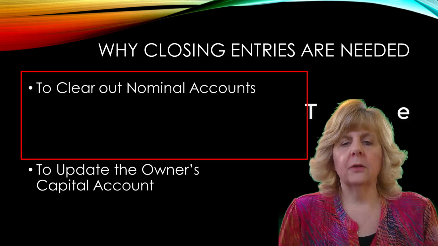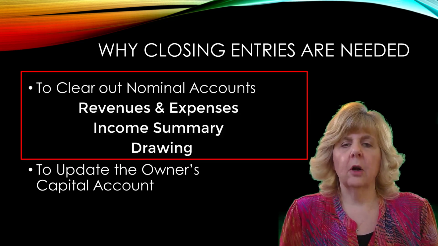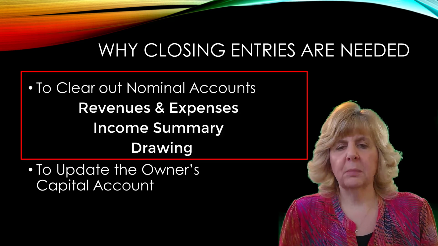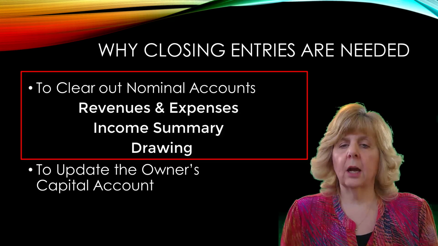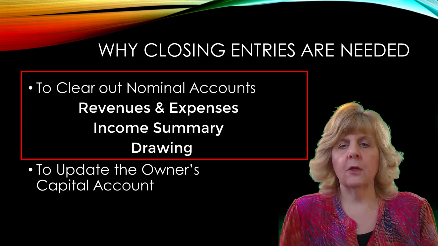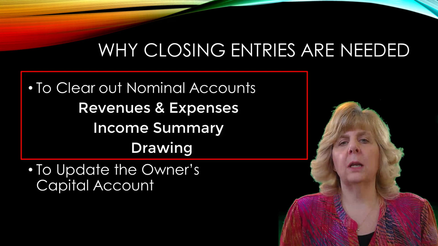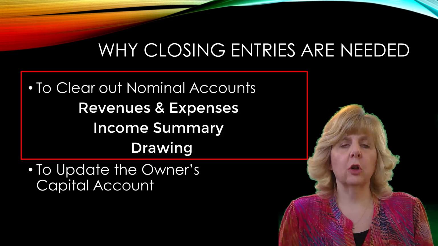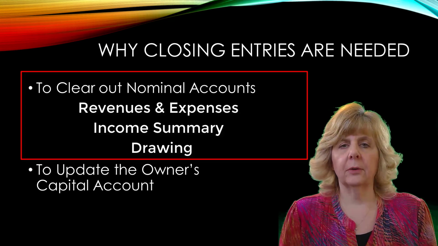Nominal accounts are comprised of revenues, expenses, a new account called income summary that we'll talk more about later, and the drawing account. So the first reason that we need closing entries is to close out the nominal accounts.